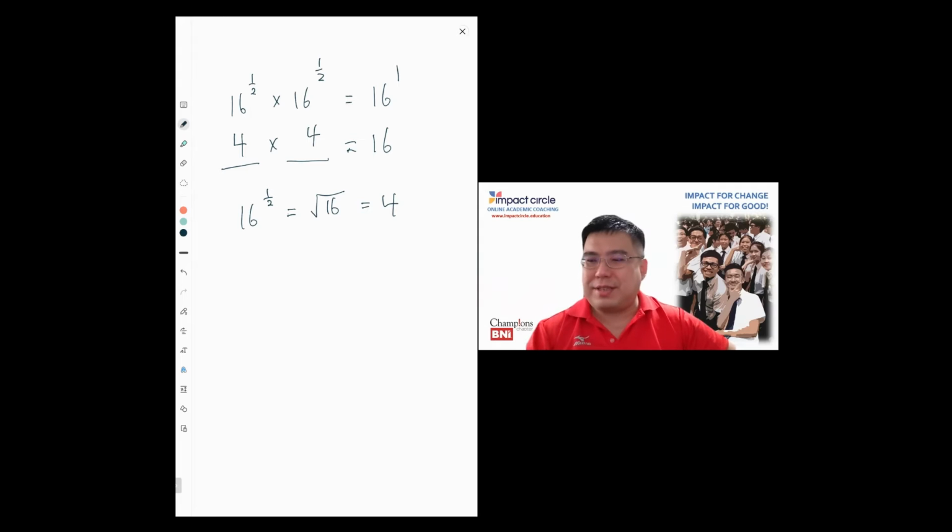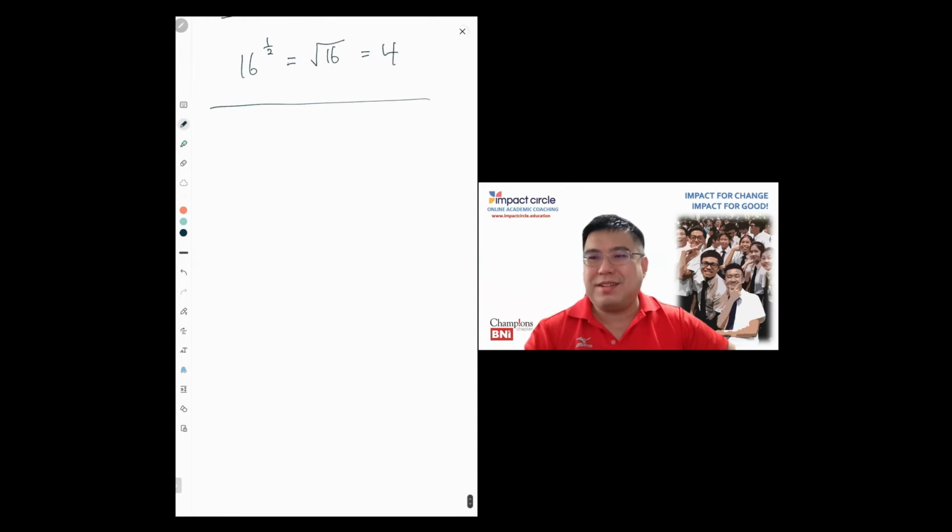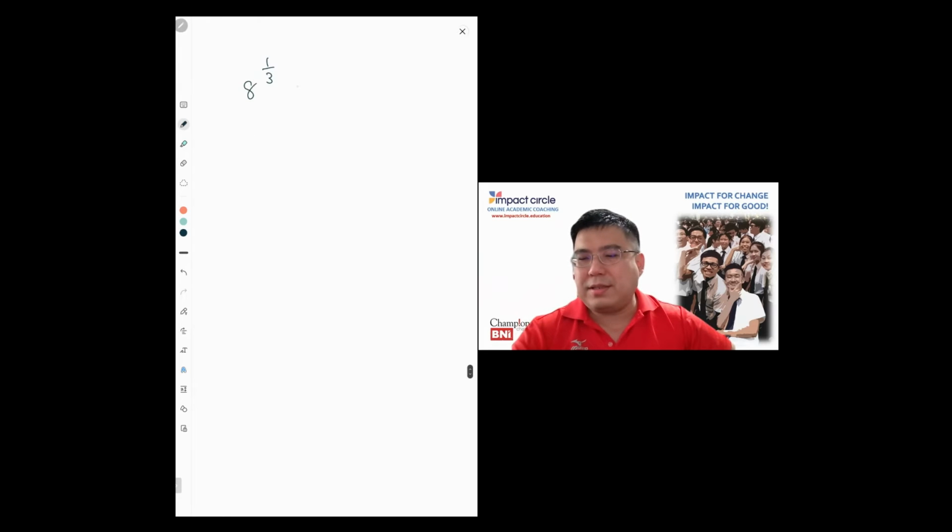How about for other fractions? Let's take a look at taking a number to the power of 1 over 3 instead. Let's say we have 8 to the power of 1 over 3. Now instead of multiplying by itself twice, this time we have to multiply 8 to the power of 1/3 by itself a total of 3 times.